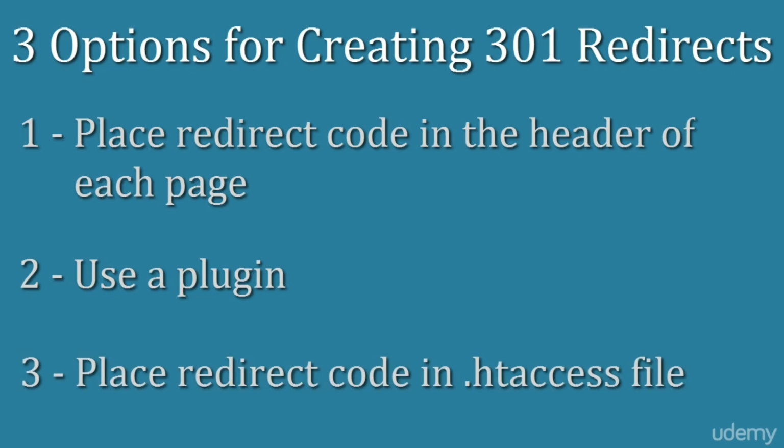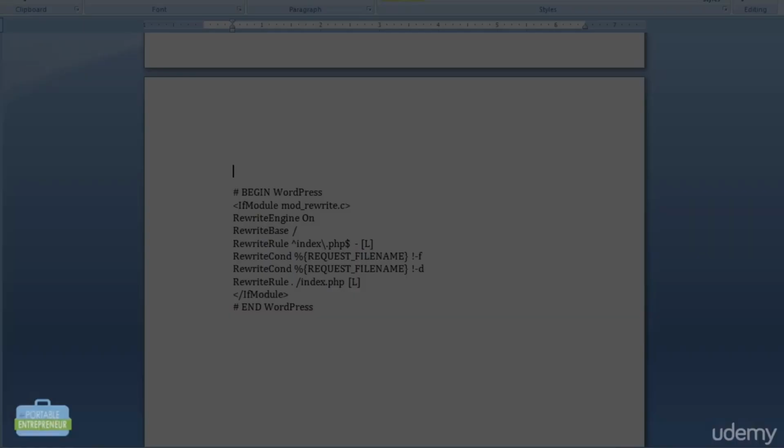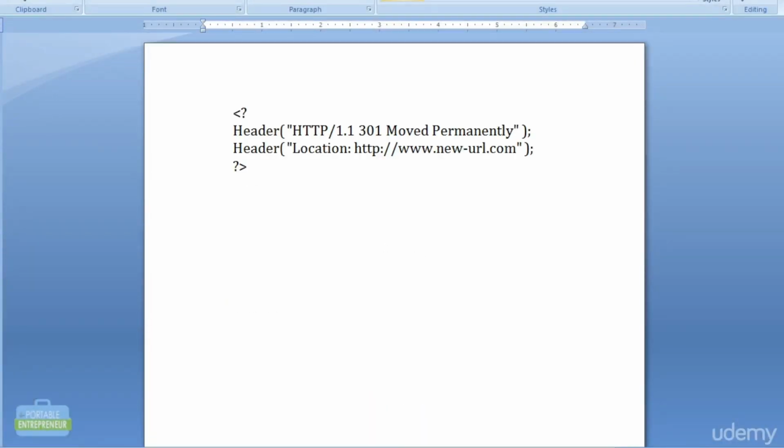So let's look at these three options and how to actually do this. So here's the first one. If you have a page and you want to redirect it to a new page, this is the code that you will place between the header tags of your particular web page. You will include this first line here, and then you will replace obviously this new-URL with your actual domain name, and /, if it's a particular page, you can add the remainder of the URL there.